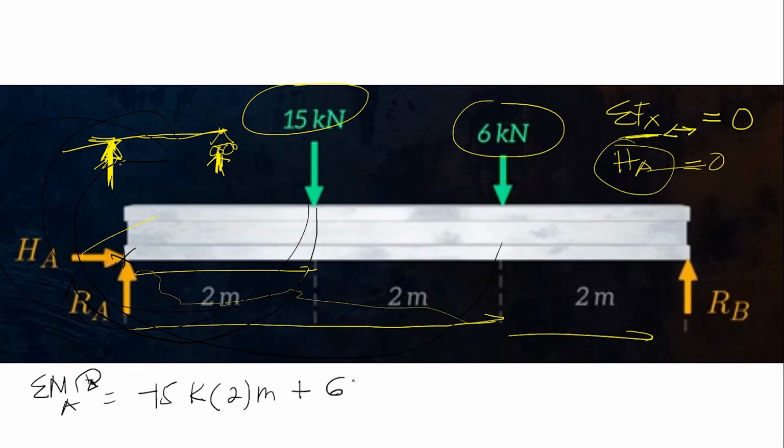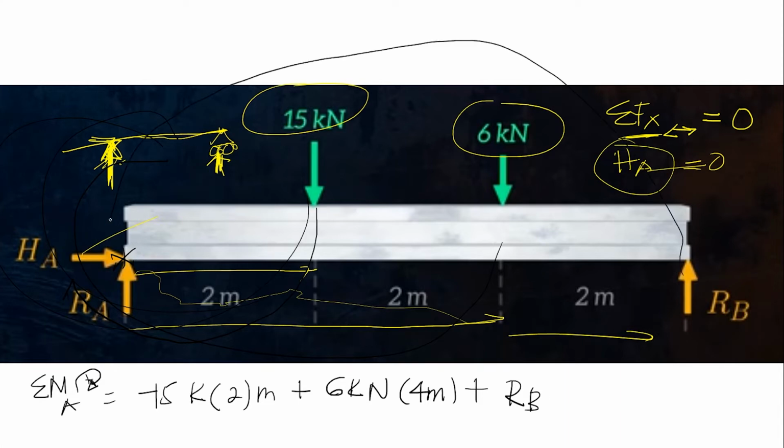So the force is 6 kilonewton and the distance is 4 meter. What else? There is this reaction of B, RB, reacting like this. With respect to A, it is counterclockwise, and counterclockwise is positive. So the distance is 6 meters.